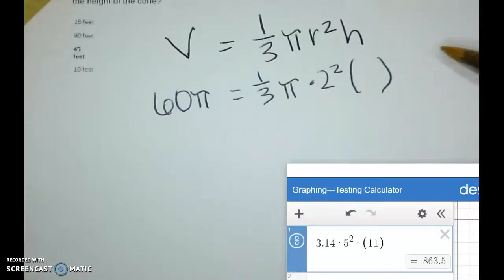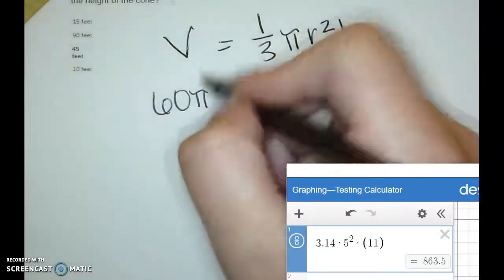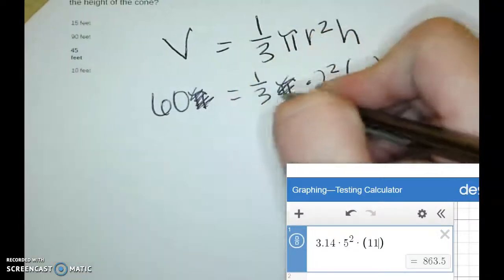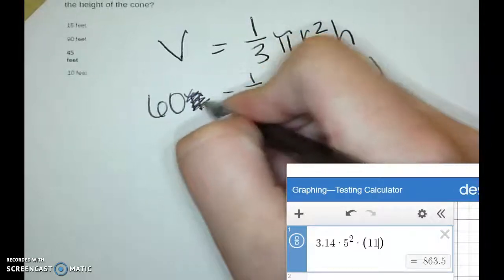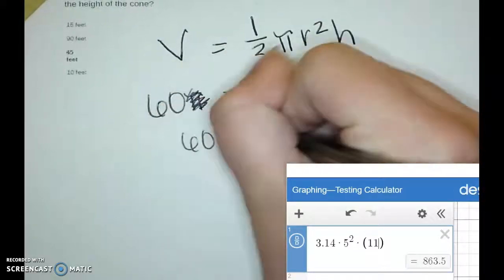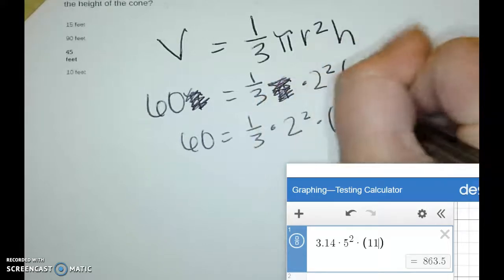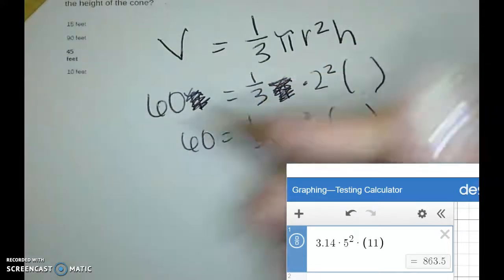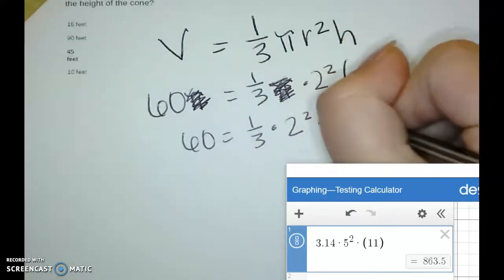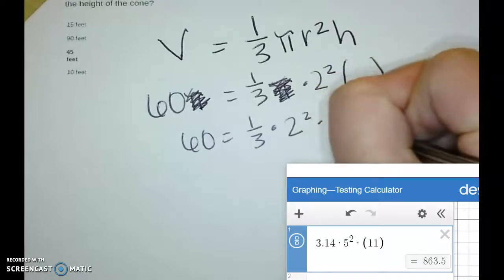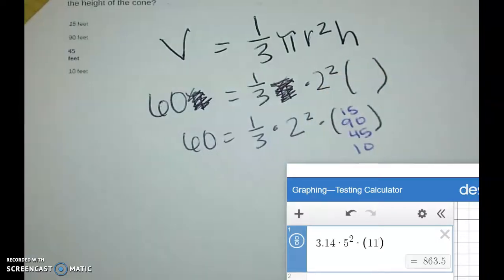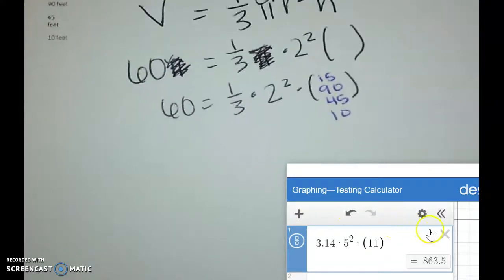Now, what's nice about this one is because pi is on both sides, you can eliminate it. You don't have to multiply by it. So really, I want to know 1/3 times 2 squared times what gives me 60. So I'm checking 15, 90, 45, and 10, okay, to see which one will give me 60.